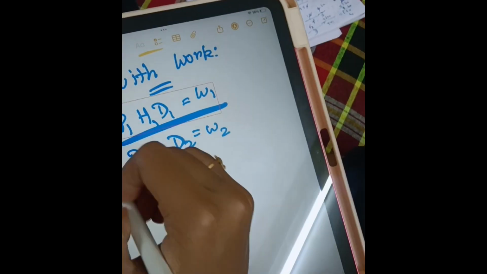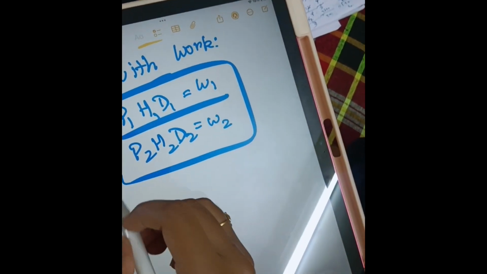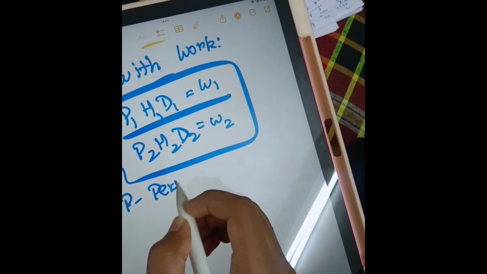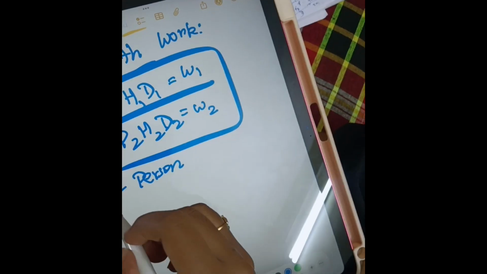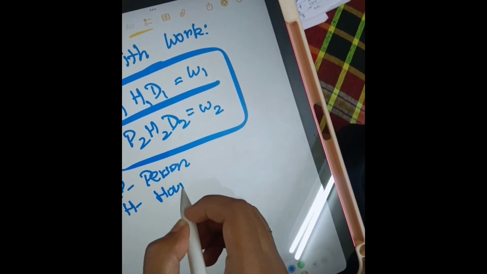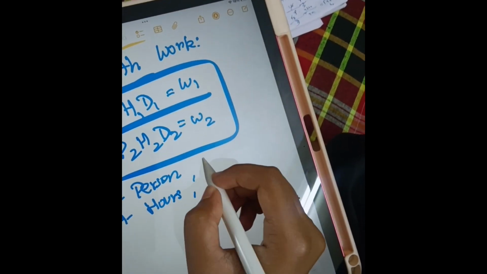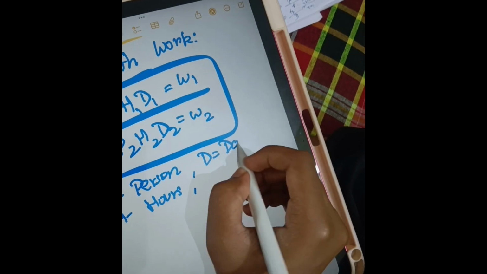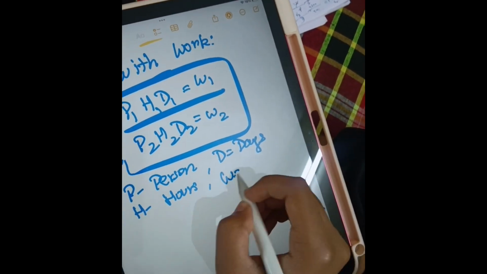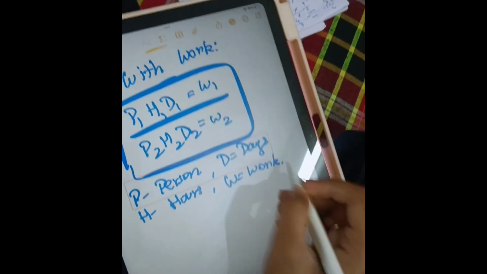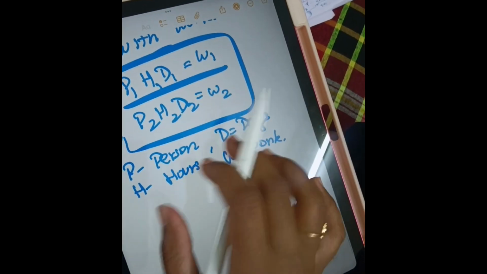Here P is the persons, H is the hours, D is the days, and W is for work. So if the work is given in the question, you have to use this formula.